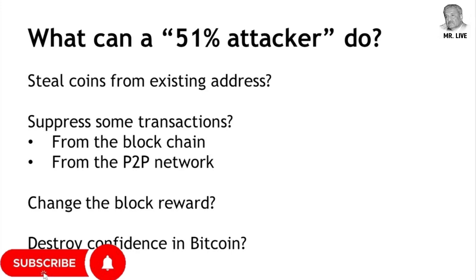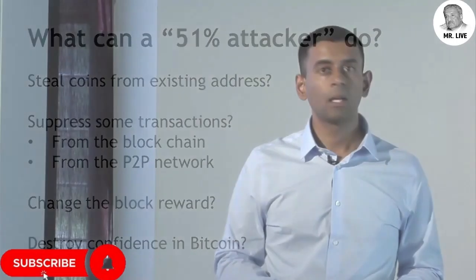Let's say that this 51% attacker creates an invalid block that contains an invalid transaction that represents stealing bitcoins from an existing address that the attacker doesn't control and transferring them to his own address. Now this attacker can pretend that that's a valid transaction and pretend that that's a valid block and keep building upon this block and even succeed in making that the longest branch, but the other honest nodes are simply not going to accept this invalid block and are going to keep mining based on the last valid block that they found in the network.